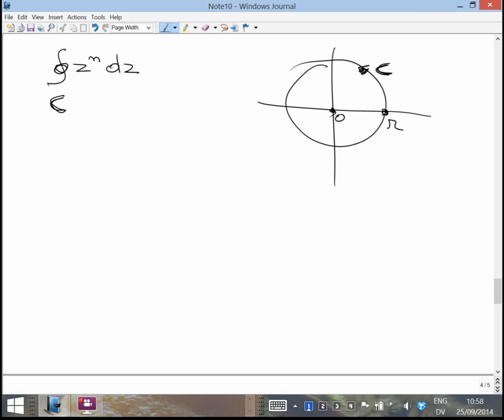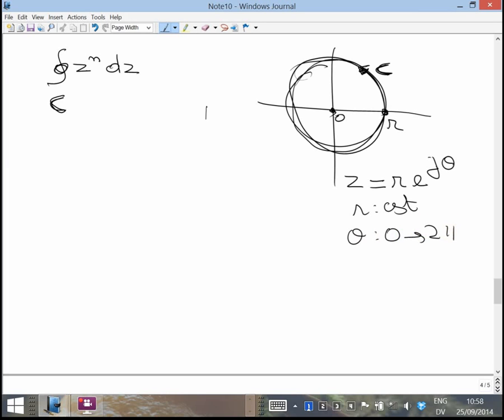Okay, how are we going to solve this? Remember parameterization. We have a variable z which is happily running around that circle, so we can parameterize it by the angle theta. We can say that z is r exponential j theta, where r is of course a constant, and theta is our parameter, which parameterizes this curve and runs from 0 to 2 pi, for example.